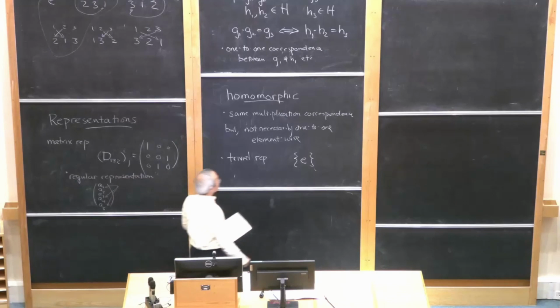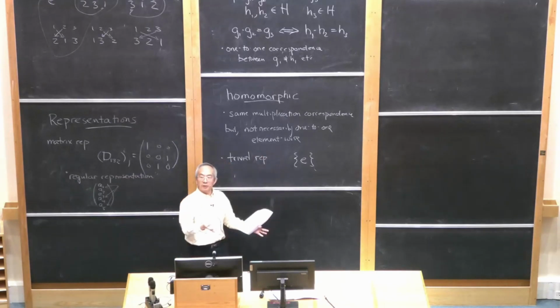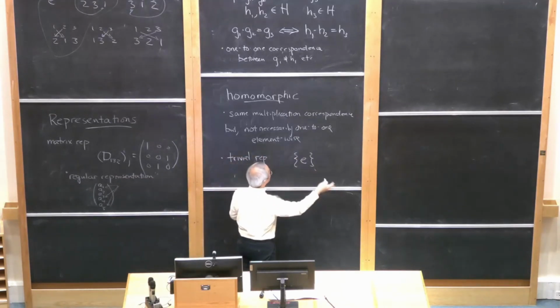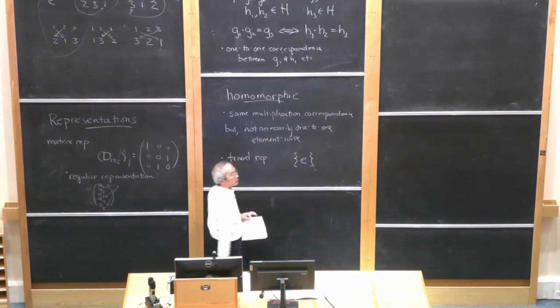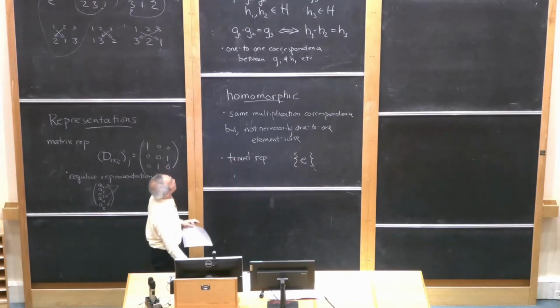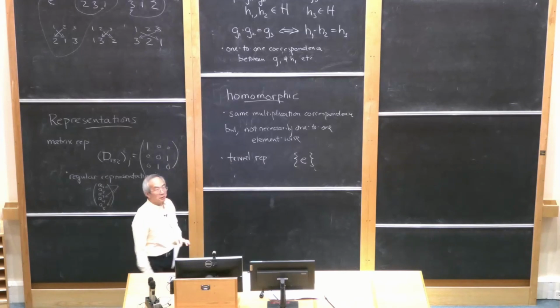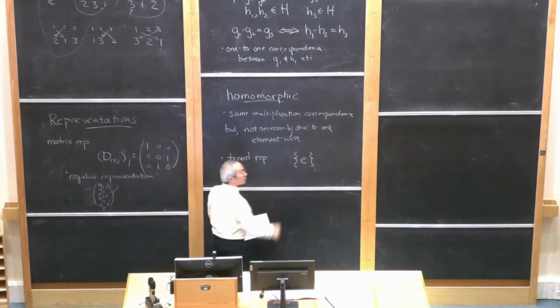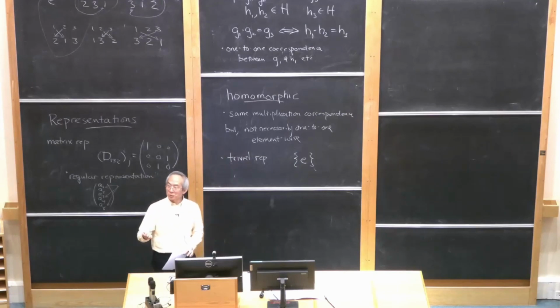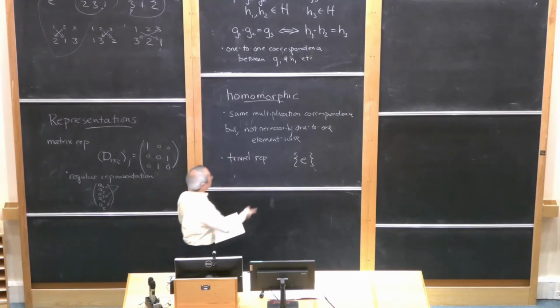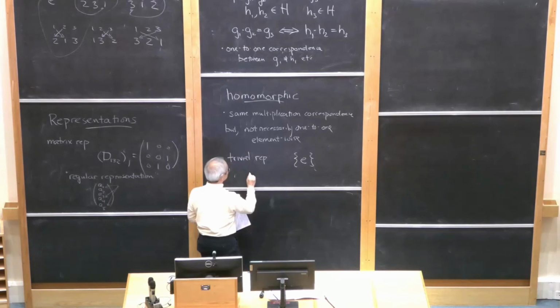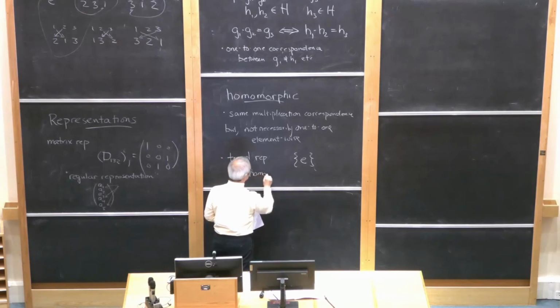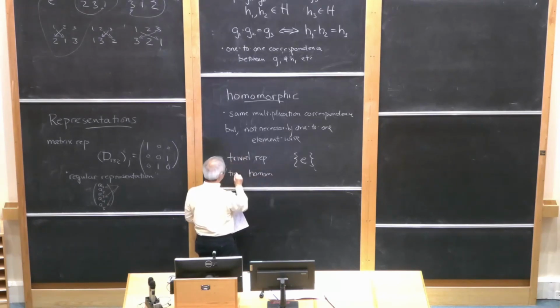Because, of course, whatever group you had, if you mapped everything to the identity element, then clearly the multiplication rule is still the same, right? And every element has a corresponding element in this one. It just happens to be the same one. So you have the same multiplication rule. You don't have the one-to-one correspondence. So this is actually a trivial homomorphism.